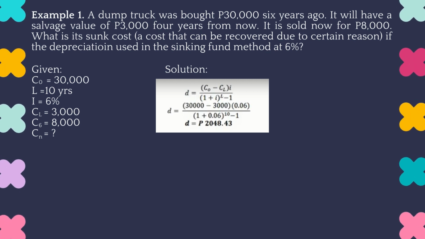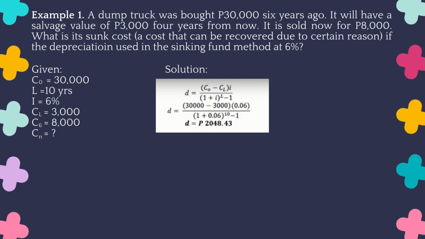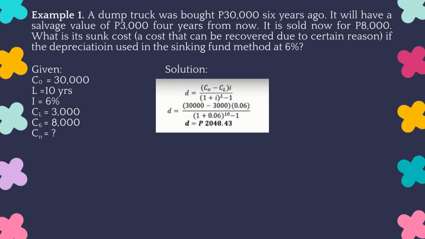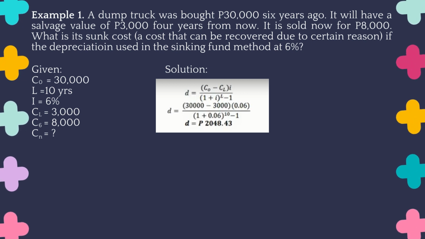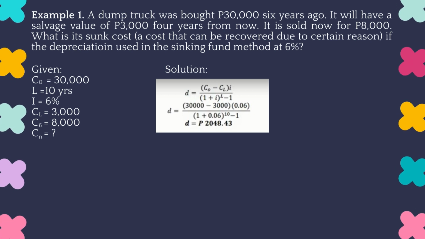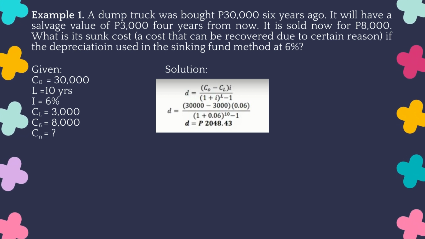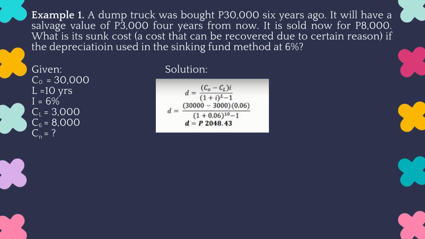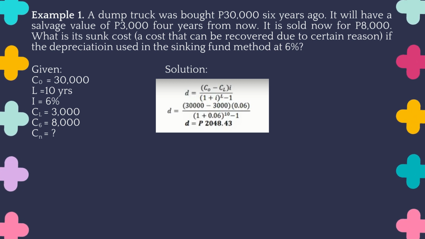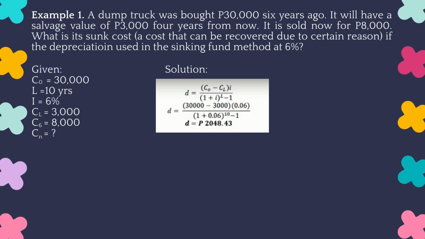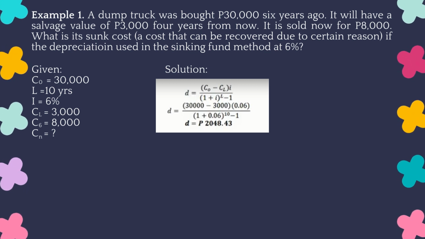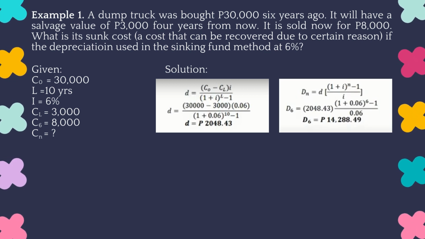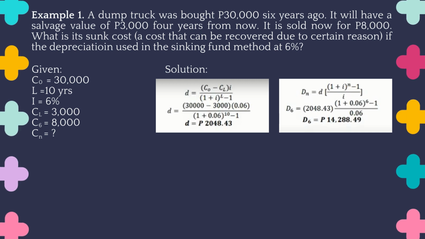So just plug in D equals 30,000, or the original cost of the property, minus 3,000, or the salvage value, times 0.06, our rate, then over 1 plus 0.06 to the power of 10, over L, then minus 1, and the result will be 2,048 pesos 0.43 centavos.